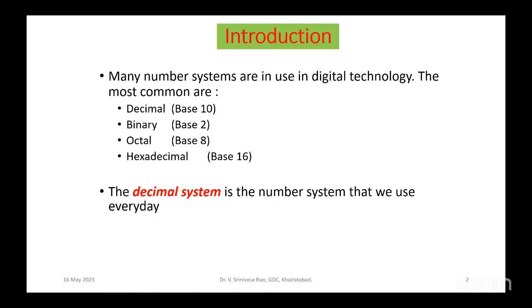The base for the binary is 2. Bi means 2, decimal, deca is 10, and the octal, octa is 8. Hexa means 16. Okay. These are the four systems, so please concentrate on these.